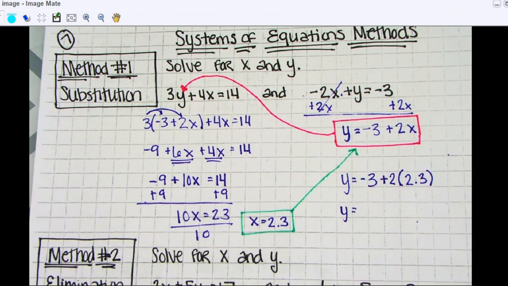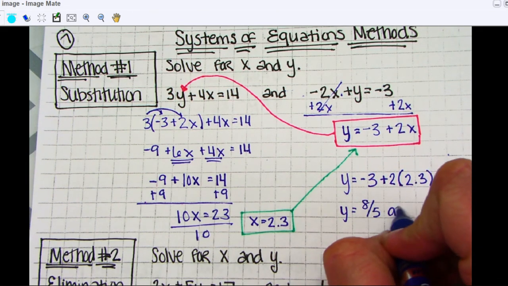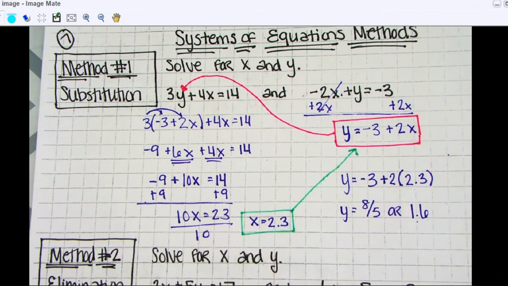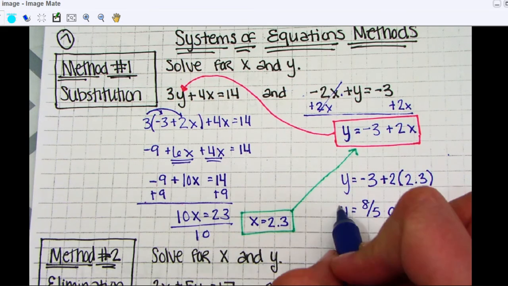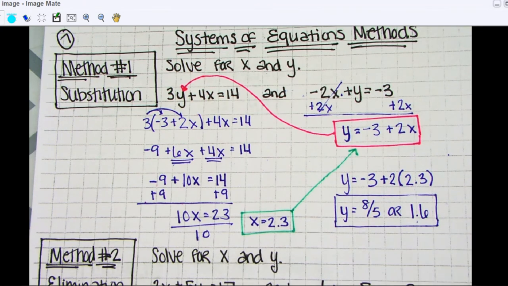And you can write your answer again as a fraction or as a decimal. It really just depends on the answer choices. So our y value here should be 8/5, or you can write 1.6. Your final answers will usually be written as coordinates because remember, these are lines that you can graph.